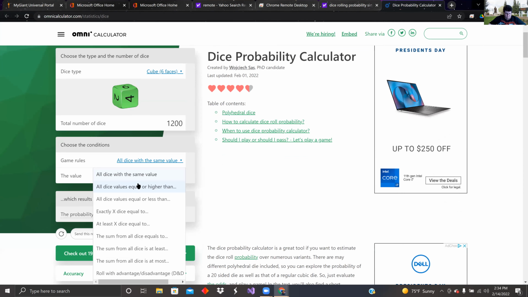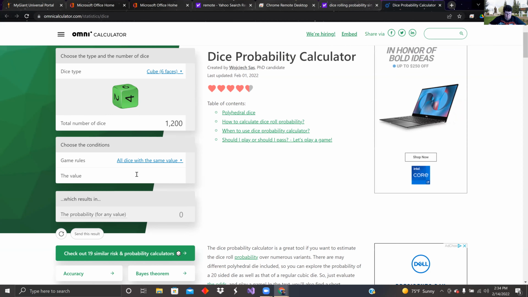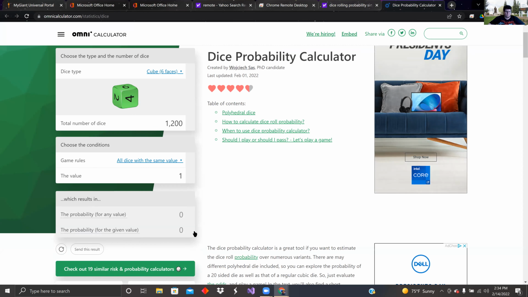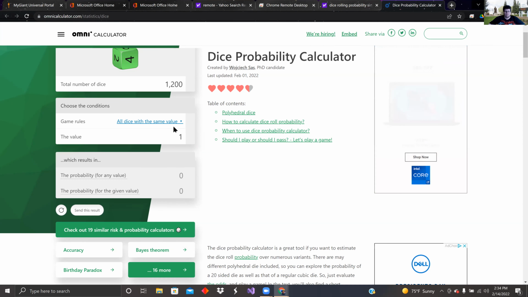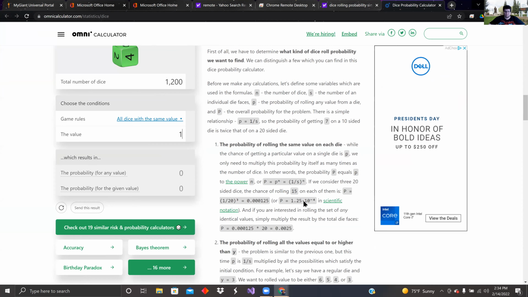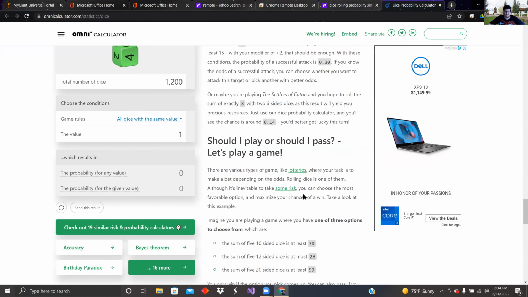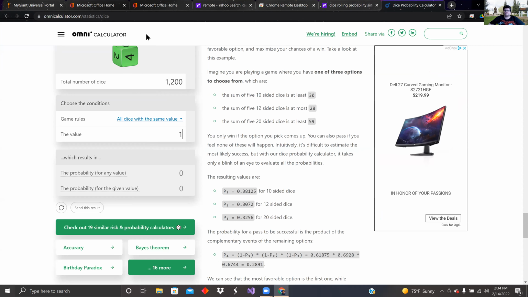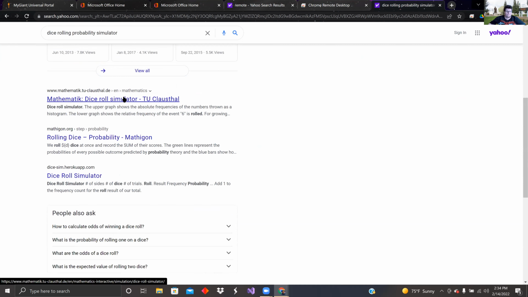All dice. I don't know how to make this thing work. They made it a pain in the butt. Where's one that works really well?